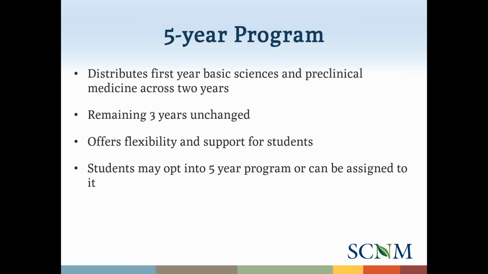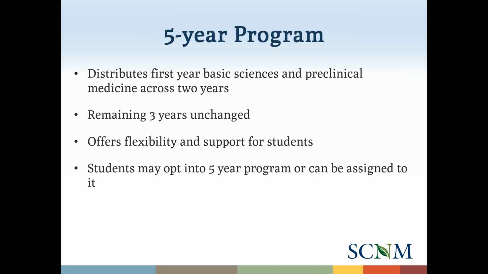So she also mentioned that we have a 5-year program, and we are in the second iteration of that. And again, in our nimbleness, we recognized that we needed to have a pathway for those students that maybe had families or weren't science majors in their undergrad, and just maybe needed a little bit more time to go through the program.